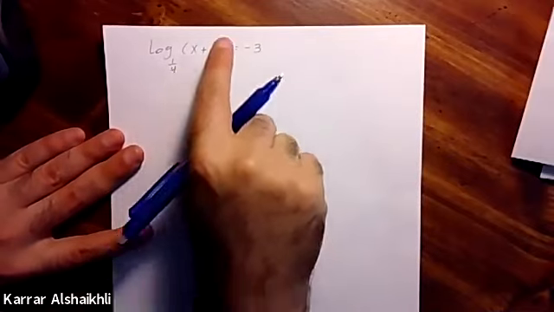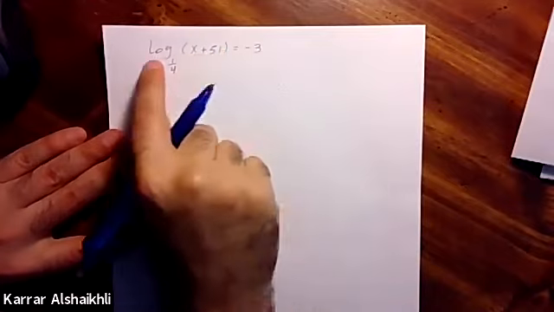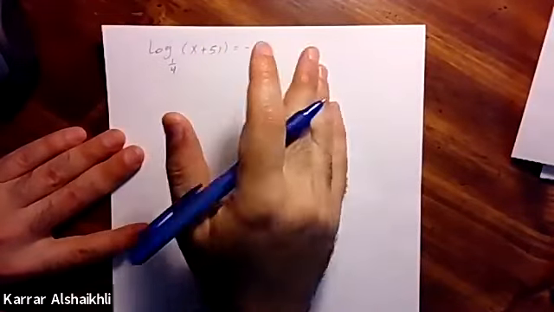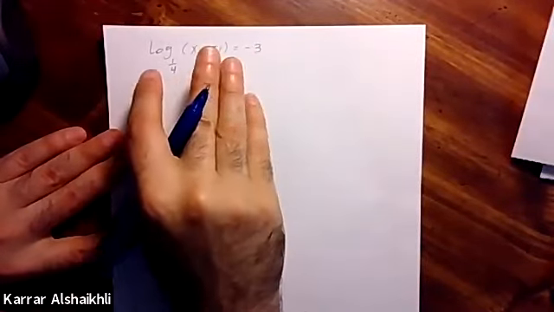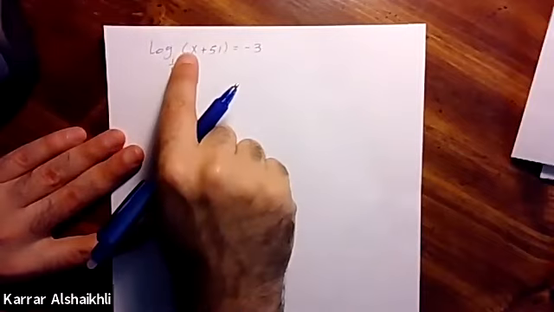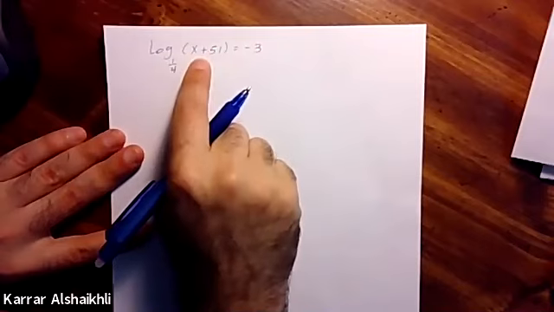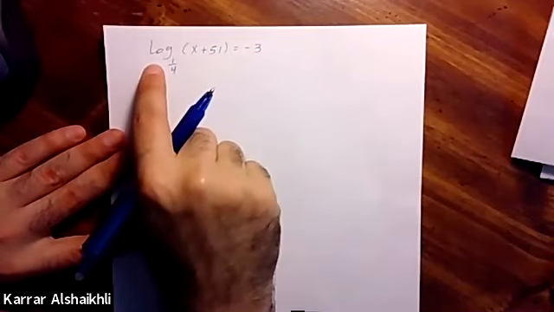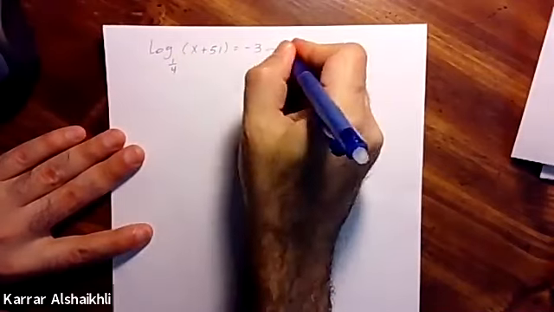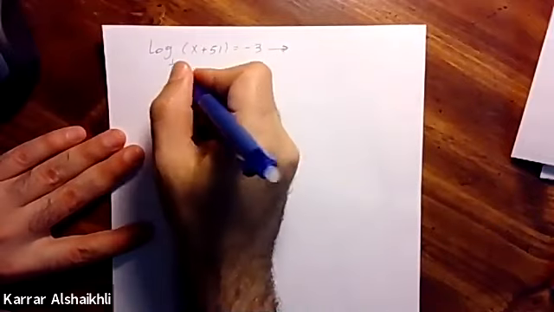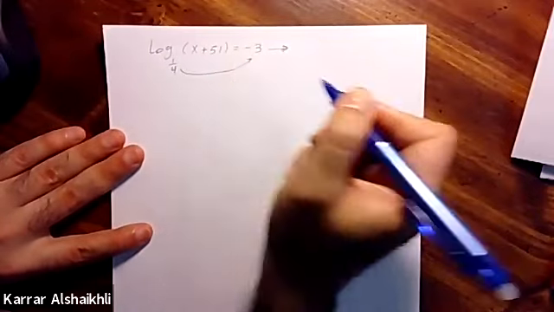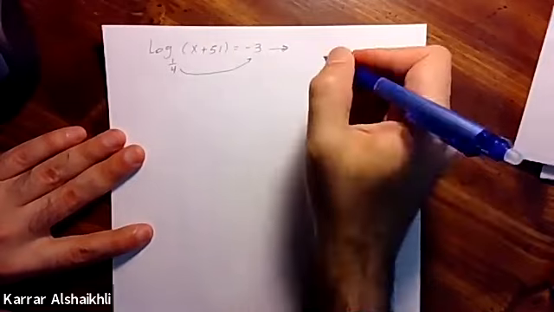And you see, with this example, I can't plug in the calculator, so that's why you have to use the same method. Convert to the exponential form, because the x is going to be the argument of the log, so you can't use the calculator. So convert to the exponential form by moving the base to the other side.